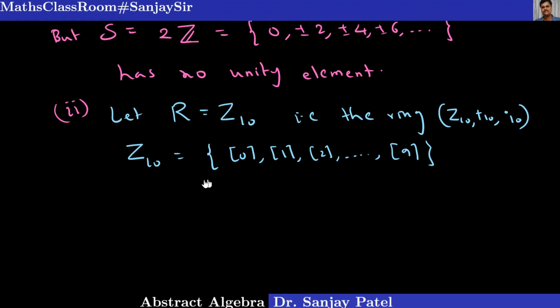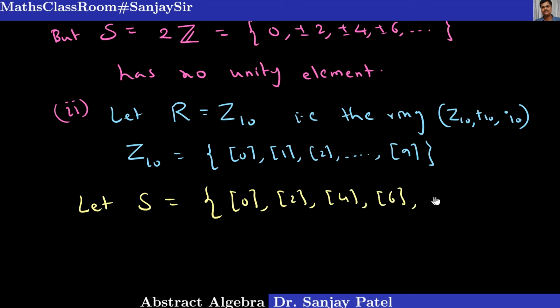This is a ring. And let me take one subset of this R. Let capital S be equal to class 0, class 2, class 4, class 6 and class 8.